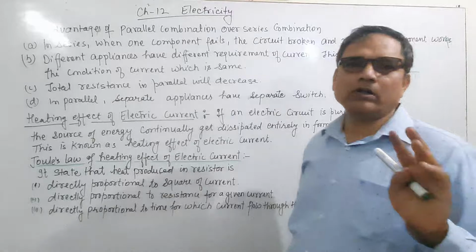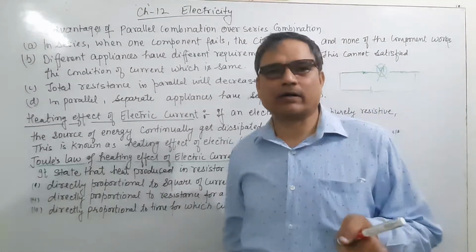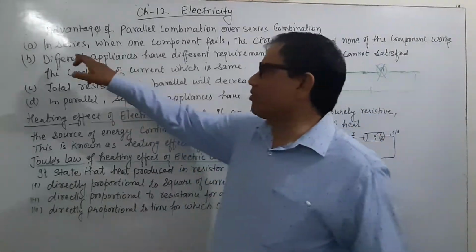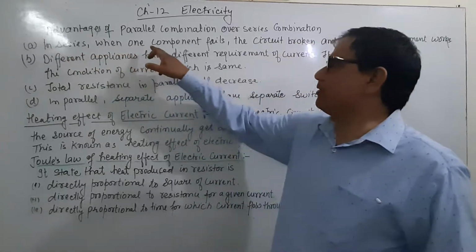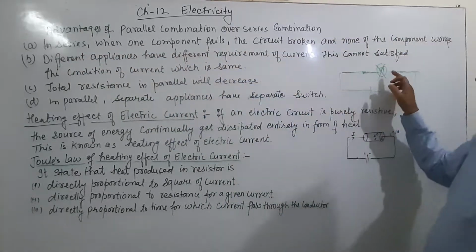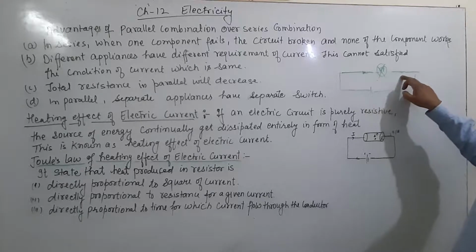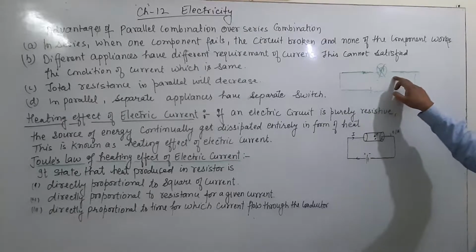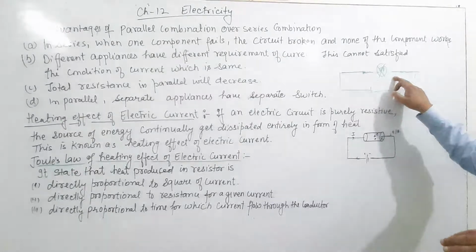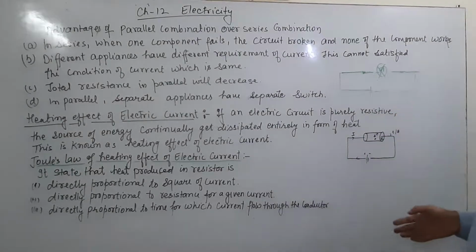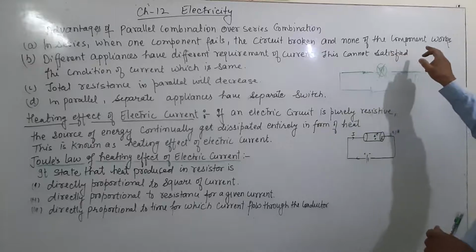It means all three appliances will not work. This is the first drawback in series. If any one component fails, either this one or the third, then the circuit will break and none of the components work.